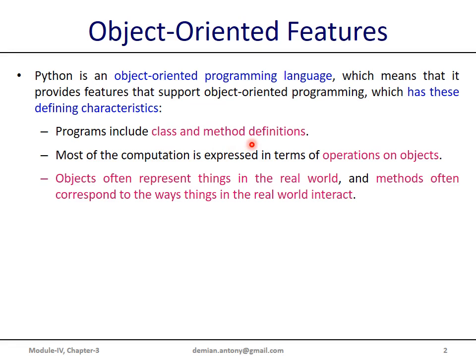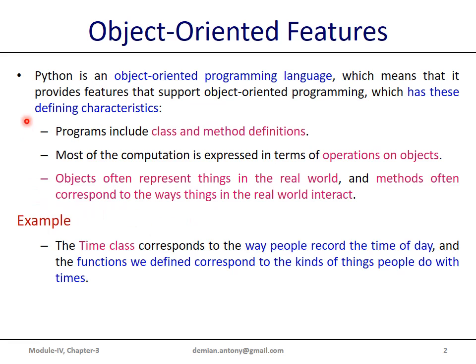And computation within the program is normally expressed in terms of operations on the objects, and the objects that we create or instantiate from the class normally represent things in the real world, and thereby the methods defined within the class correspond to the ways the things in the real world interact.